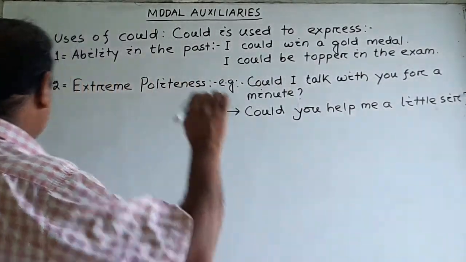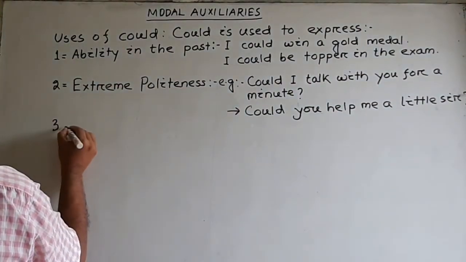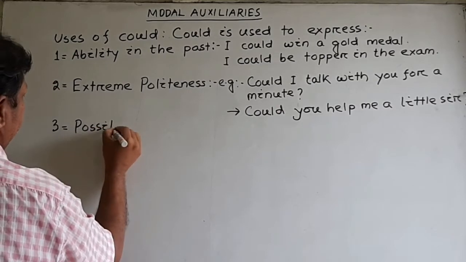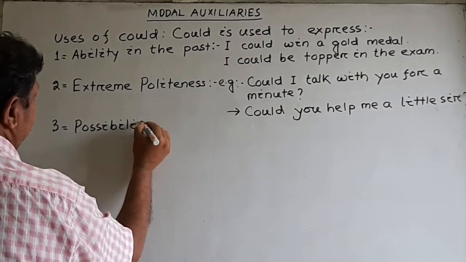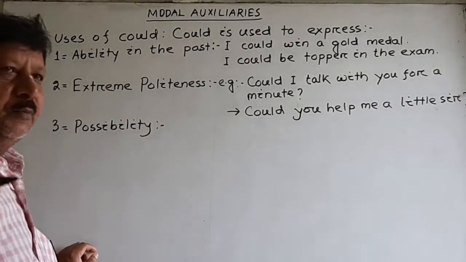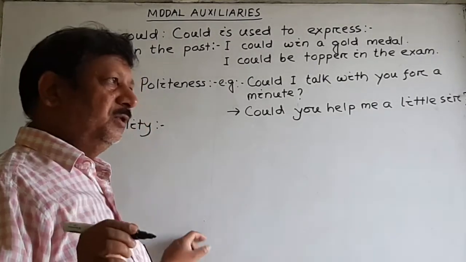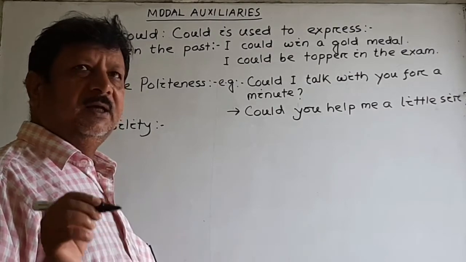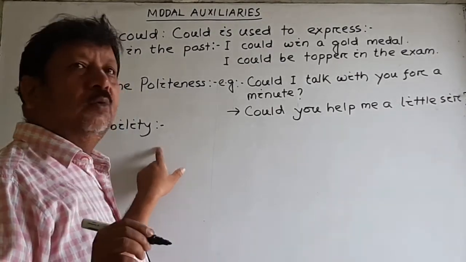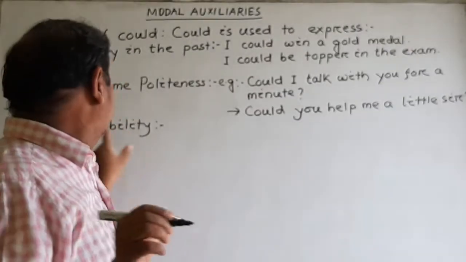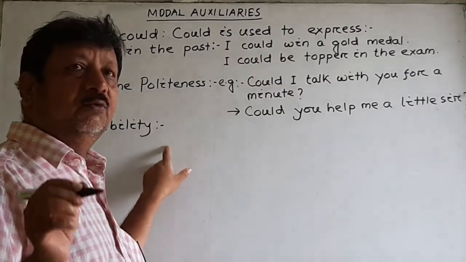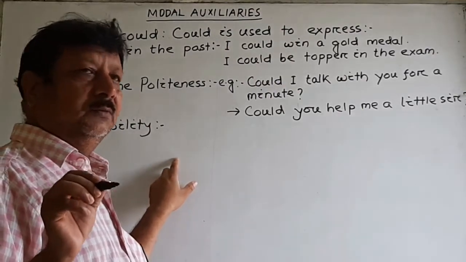After that, we may have another use, that is possibility. We have already discussed what sort of modals express possibility, may, can, and this is another one. We can have the expression of possibility by the use of the modal could. How?